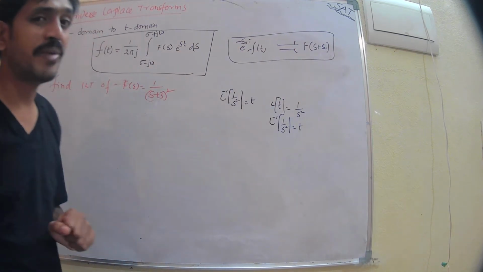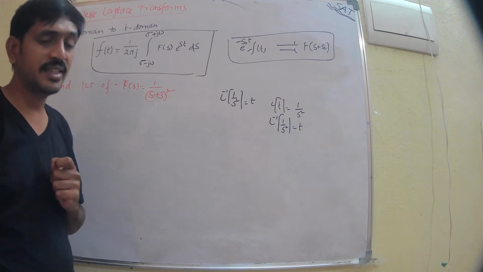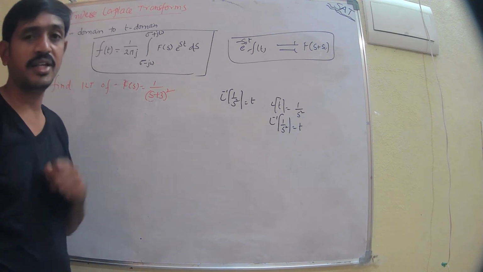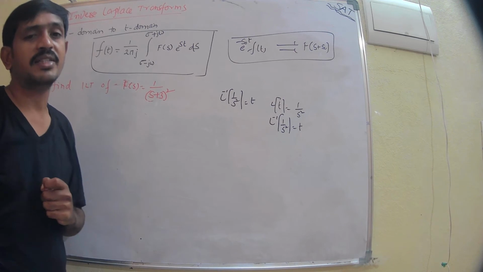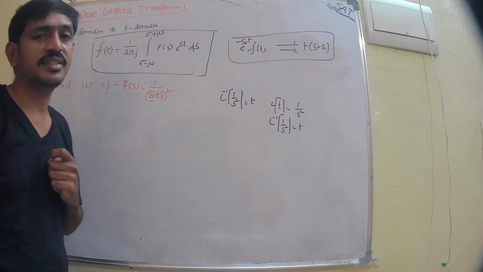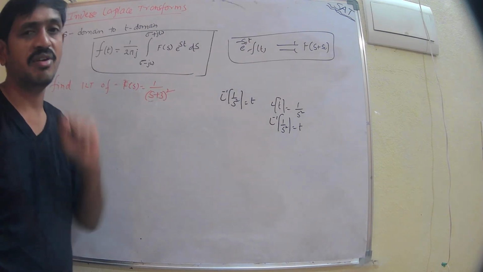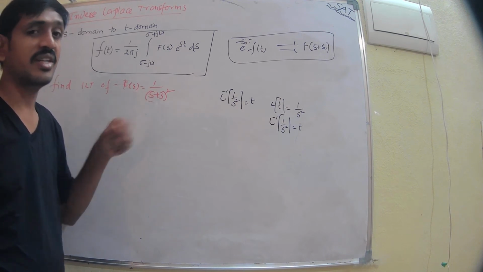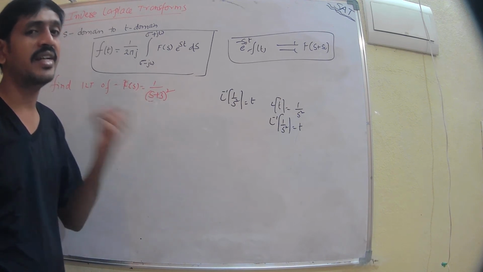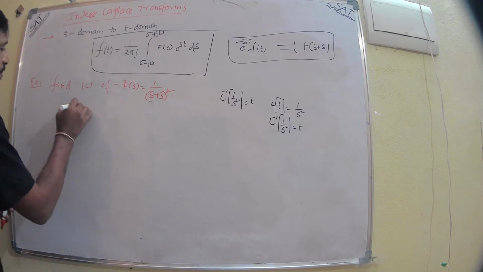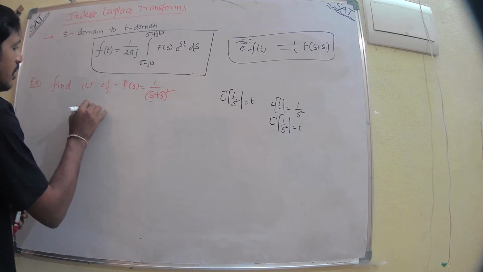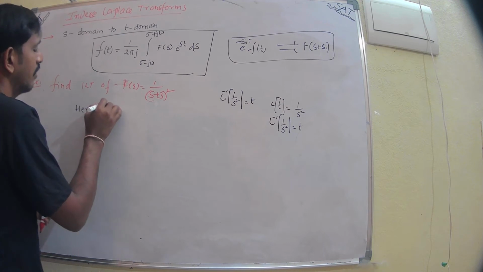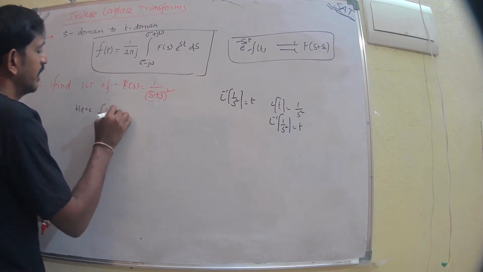So we get e power minus 3t into f of t. The function is in the form of 1 by s square, and the inverse Laplace transform of 1 by s square is t, so f of t is equal to t.